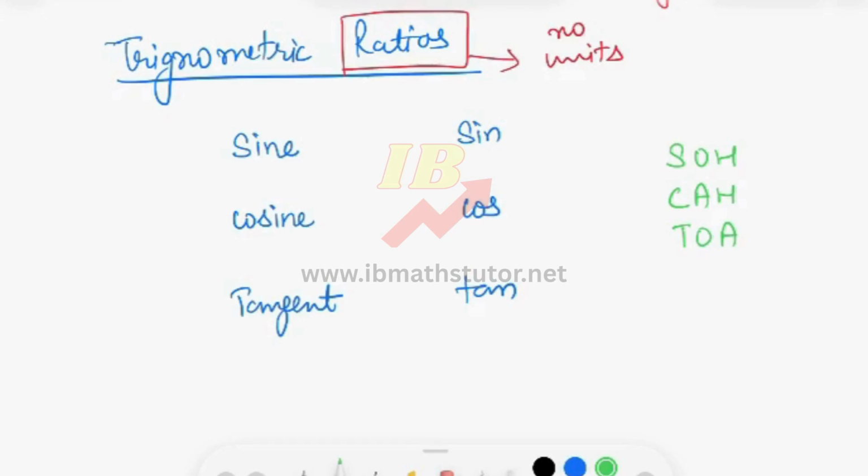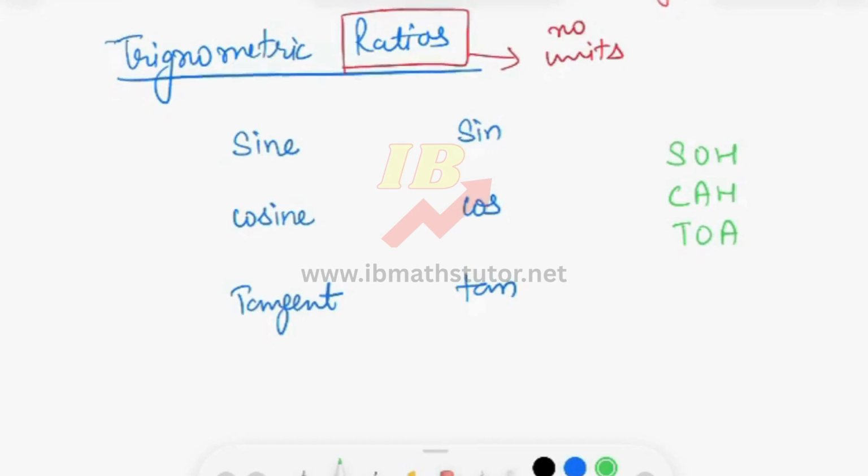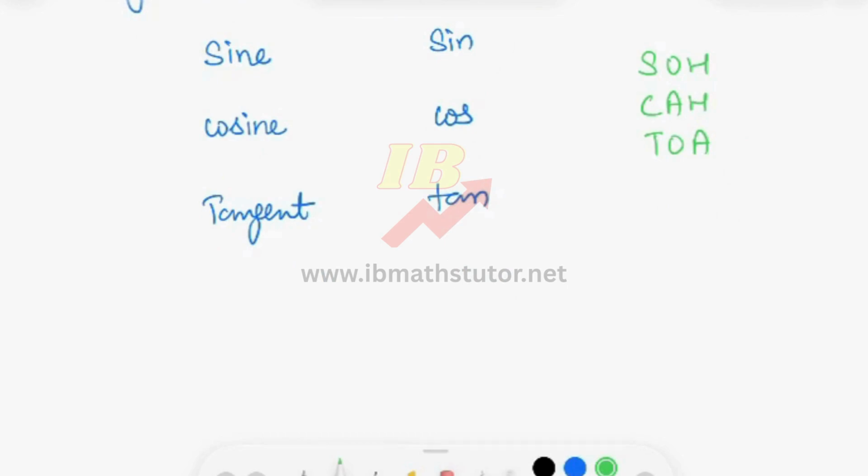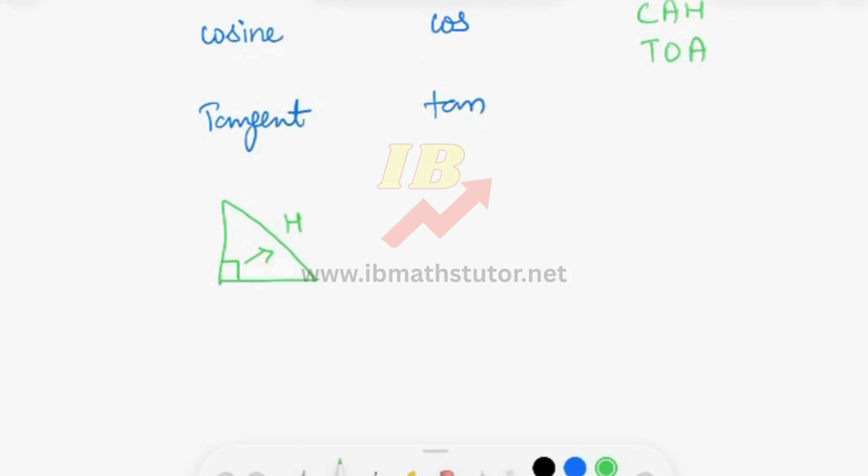So what is SOHCAHTOA exactly? Let's come back to the triangle again. Suppose I'm drawing a right triangle like this, and I know that the side opposite to the right angle is the hypotenuse, which is lying here. Suppose we are finding some angle here. If I take this as my theta, theta stands for the unknown or the known angle, right?